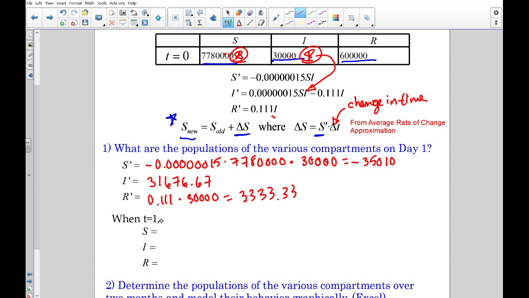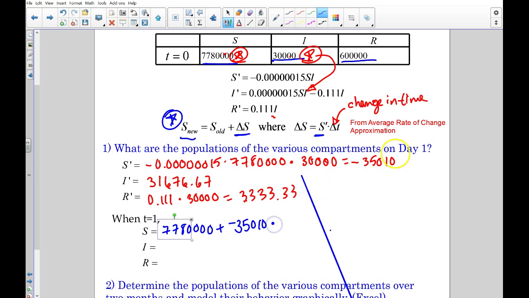Okay, so then to get the values when t is equal to 1 for S, I, and R, I would use the equation that I have starred here in blue, and I would take the old population, so 7781234, plus delta S, where delta S is S prime times delta T. So S prime we found to be negative 35010, and then I would multiply that by the change in time, right?